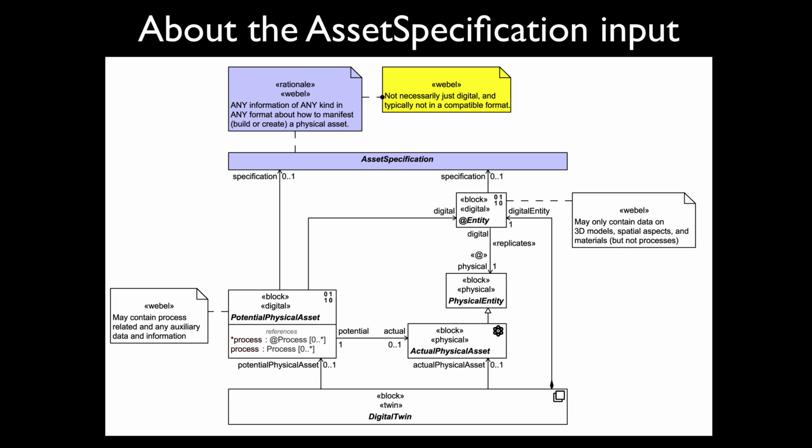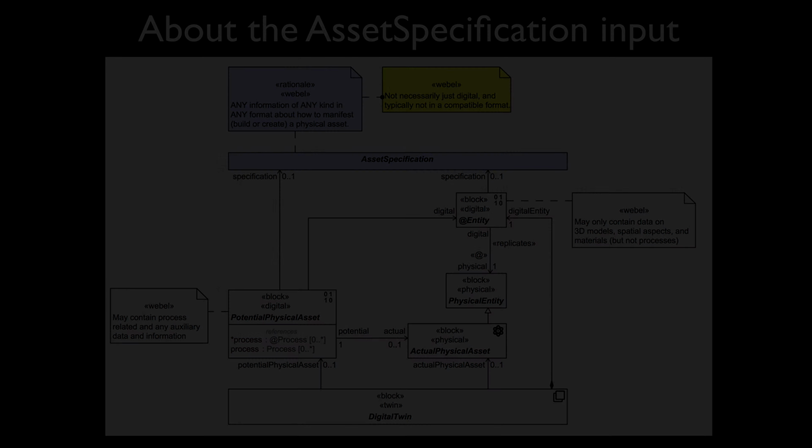That's now the job of the potential physical asset. It may contain process-related and any other auxiliary data and information required to describe the creation of the actual physical asset. For example, it could contain information about the process of manufacture of an actual physical asset.